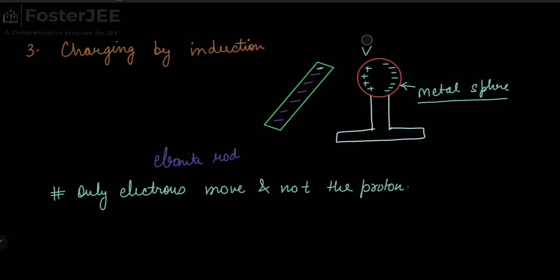So this side means the deficiency of electrons, and this side means excess of electrons. Now I hope this is clear.